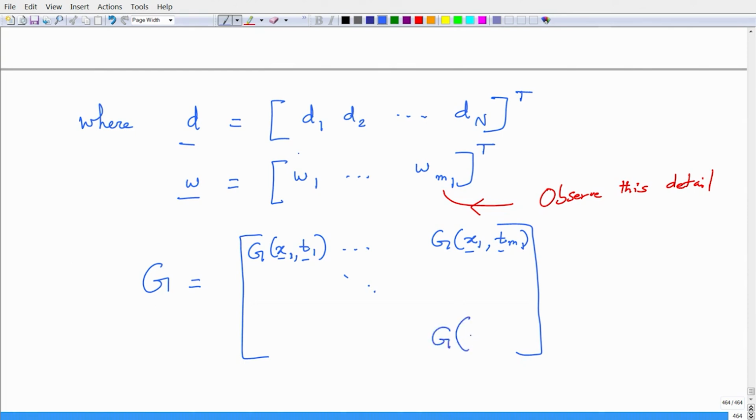So the last element in this array is G(xN, tm1), and to complete this row I have G(xN, t1). Okay. So it has N rows and m1 columns. It is an N by m1 matrix. d is my N by 1 column vector, and w is my m1 by 1 column vector.